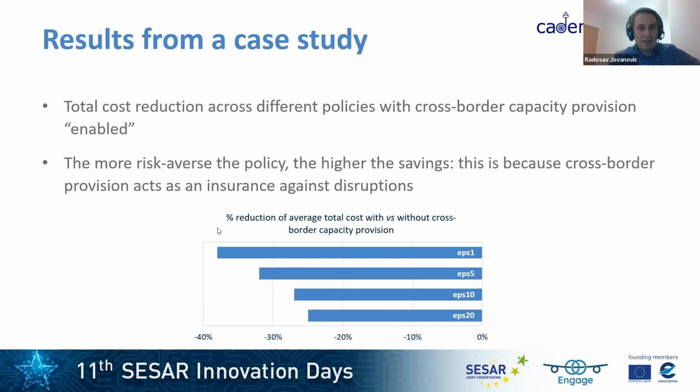This is the first and intuitive result: enabling this cross-border provision with a central pool of cross-border capacity helps. And I think we didn't mention this so far, we made a fairly conservative assumption about the unit cost of this cross-border capacity.